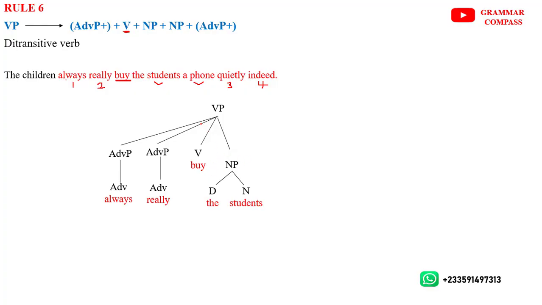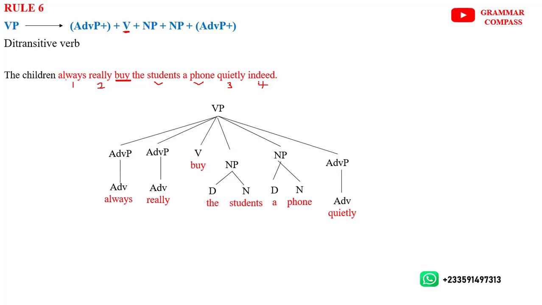Now let us draw the branch for the second noun phrase, a phone. We would have this branch, then we write our noun phrase, and this noun phrase also has a determiner, a, and then noun, which is phone. So we will have this as our diagram for the second noun phrase. Let us move on to the next one, that is quietly. Quietly was our third adverb phrase. This means that we will draw a branch to represent our third adverb phrase, and this adverb phrase consists of only one adverb, that is quietly.